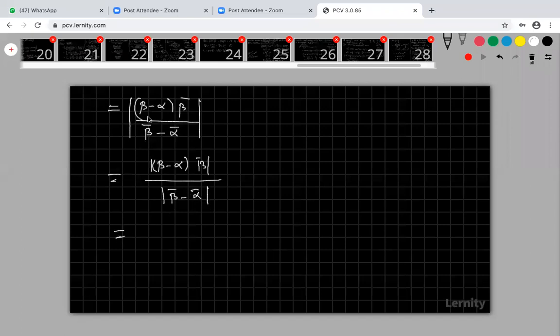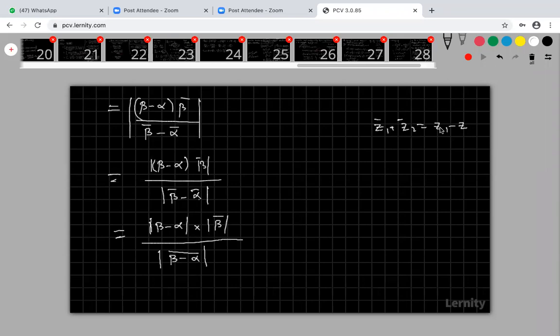Modulus of (beta minus alpha) into modulus of beta conjugate, divided by the modulus of beta conjugate minus alpha conjugate, which can be written as the conjugate of (beta minus alpha), since Z1 conjugate minus Z2 conjugate is the conjugate of Z1 minus Z2.